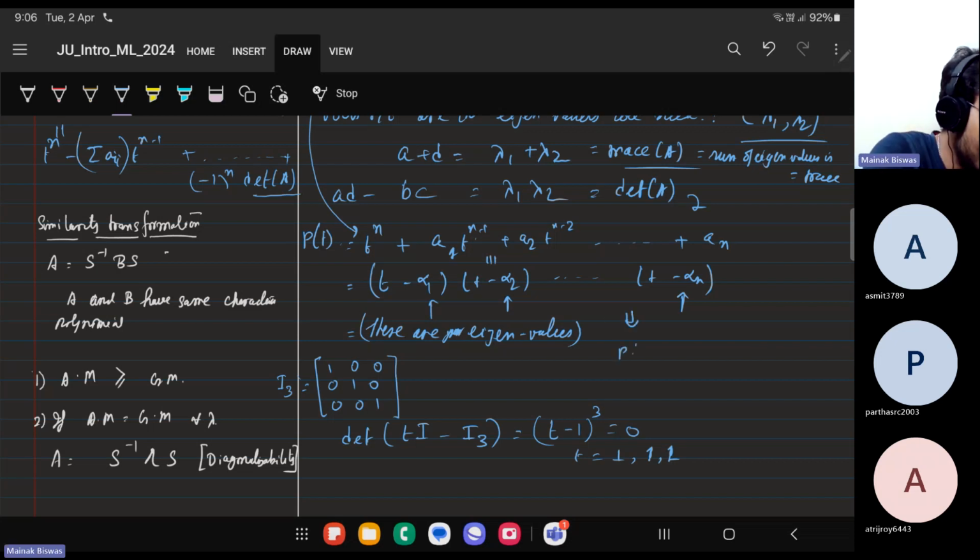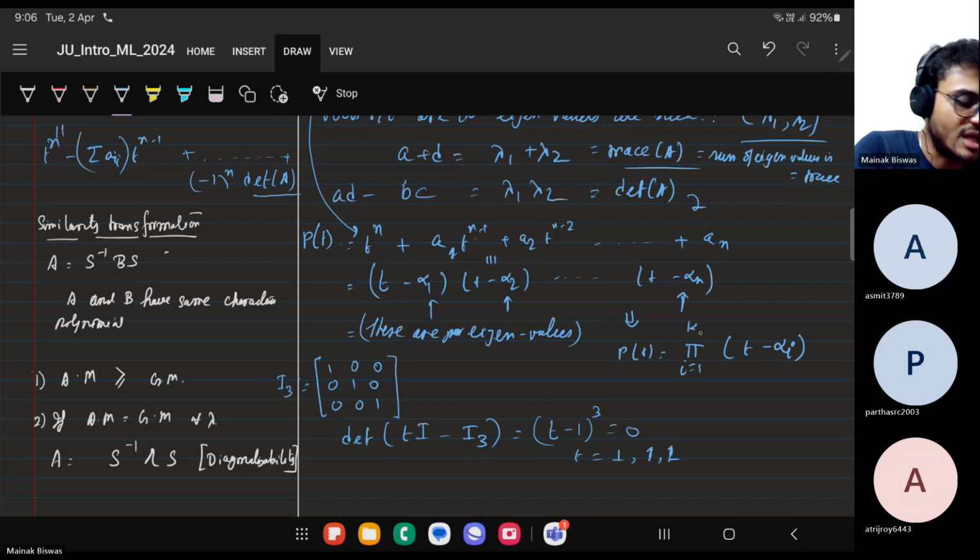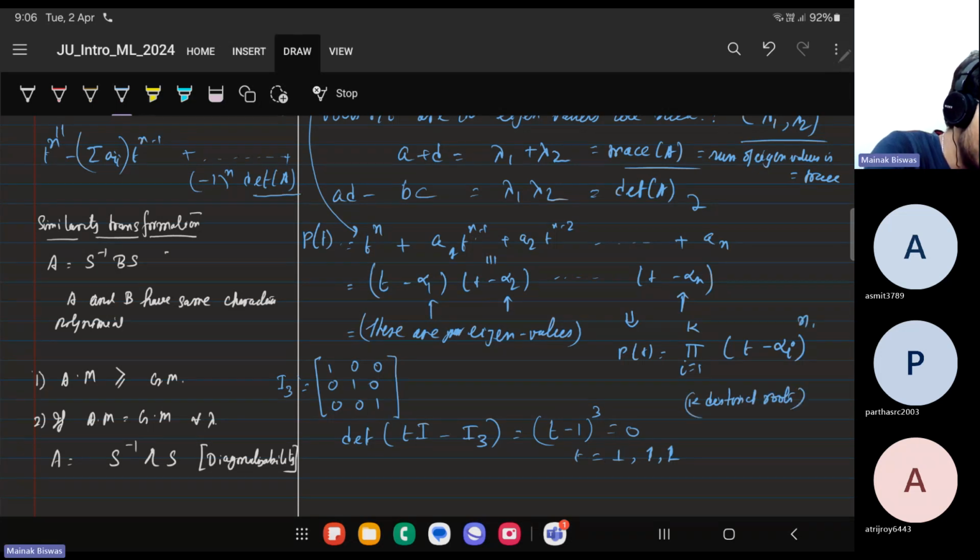So any polynomial T can always be written as a product of (T minus alpha i)'s. Say it has k distinct roots, and each has a power of ni, such that the summation of ni will be equal to n. Yes or no?